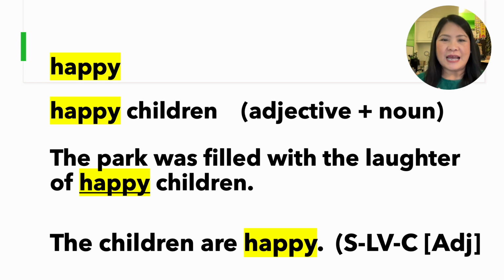But here, the adjective is preceded by a linking verb and, before it, the subject of the sentence. So the word happy modifies or describes the subject, the children.